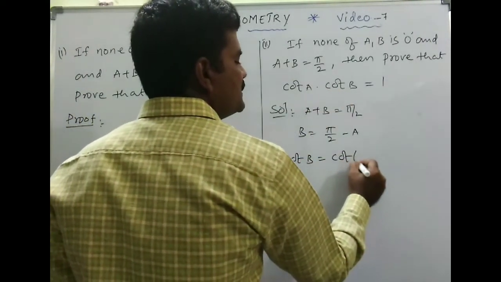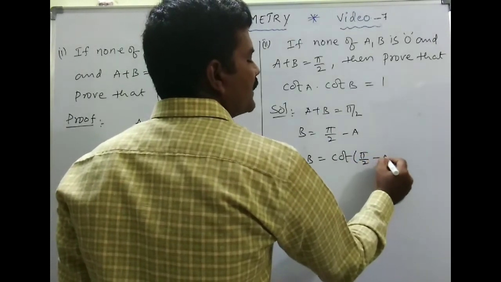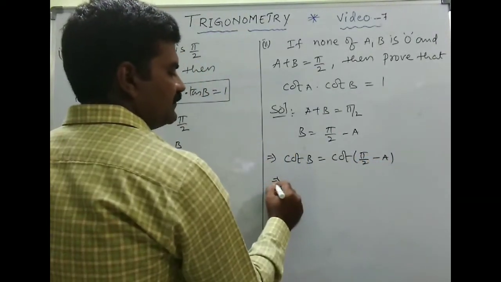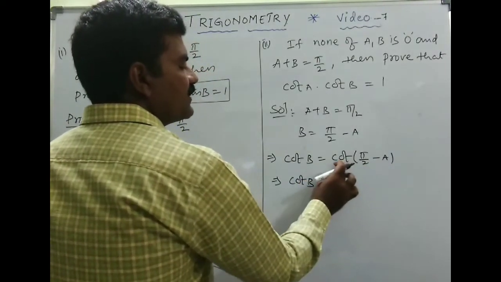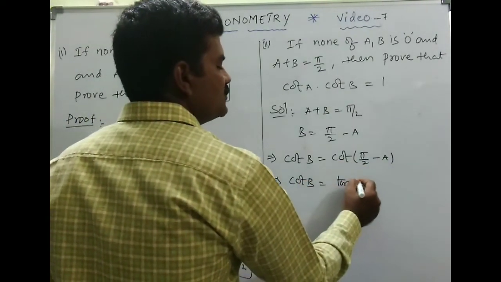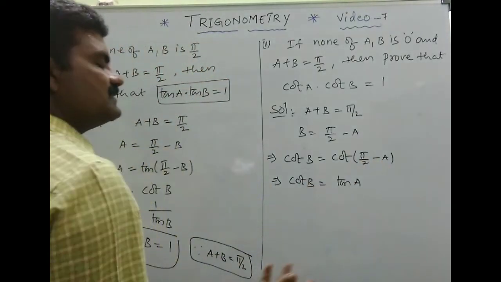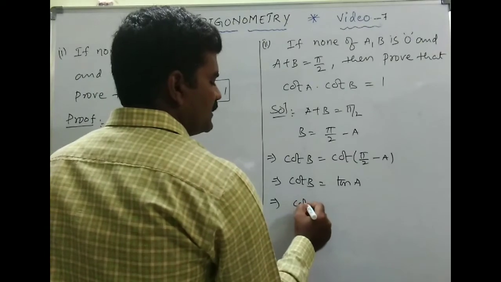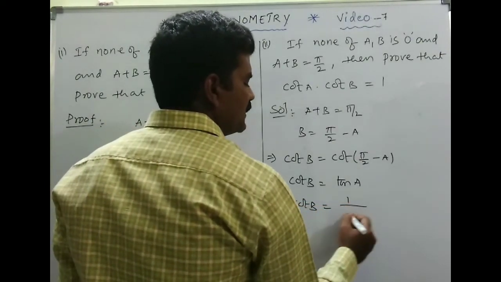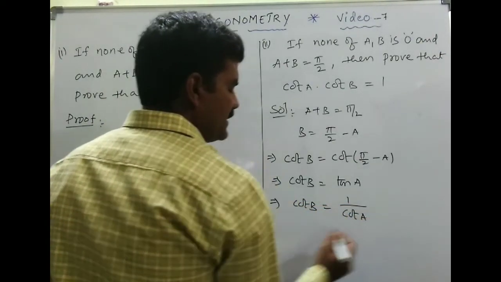Hence cot B is equal to cot of 90 minus A. Then cot B is equal to, because of 90, cot changes into tan, and 90 minus theta is first quadrant, so positive. So now cot B is equal to 1 by cot A.